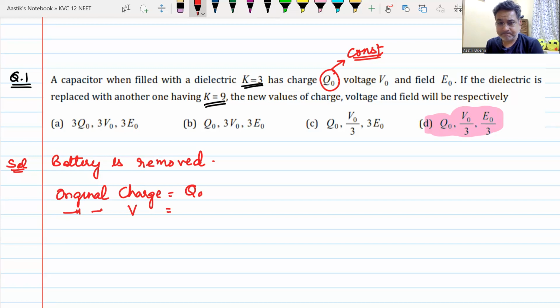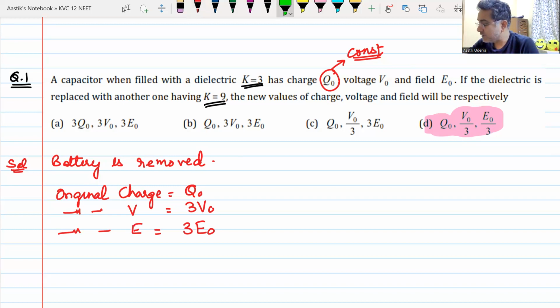Original voltage would be 3V0, because with the dielectric it becomes 1 by 3, therefore it becomes V0. Original electric field will be 3E0. Do we understand this? These are the original values without the dielectric.